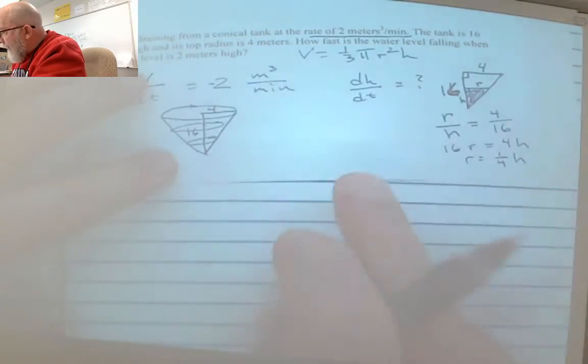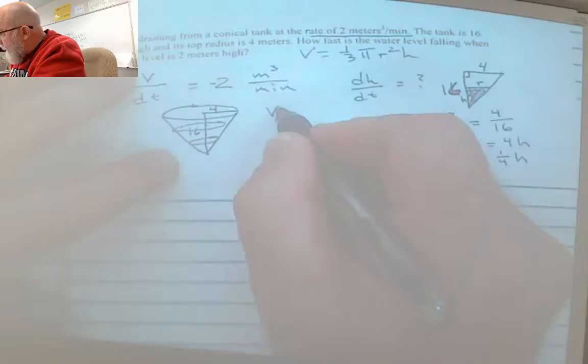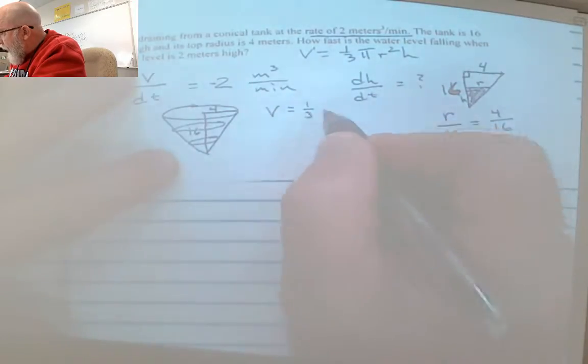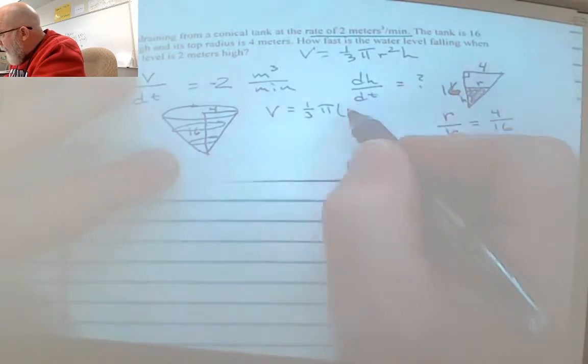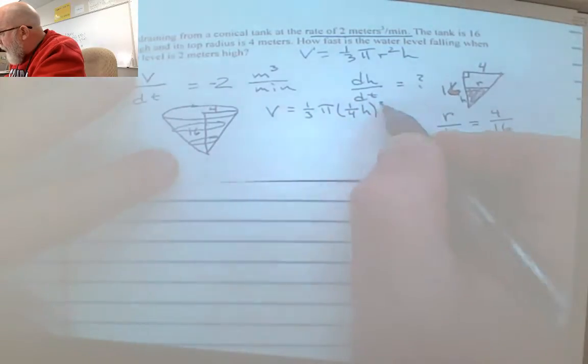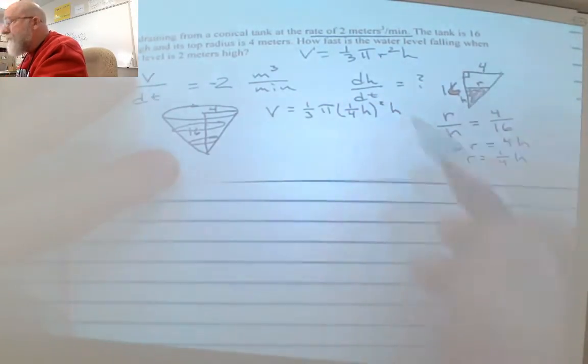So now what I'm going to do is I'm going to come to my volume, and I got 1/3 pi. I'm going to put 1/4 h in here, and I'm going to square it times h.